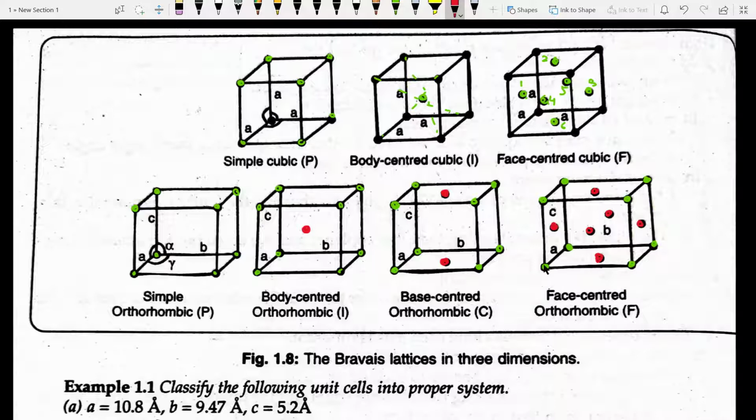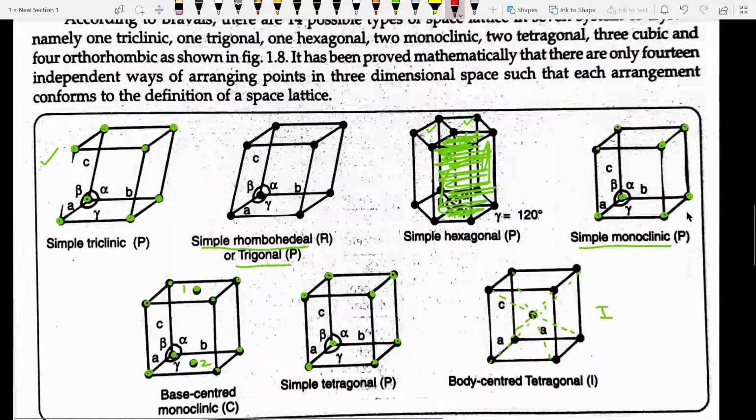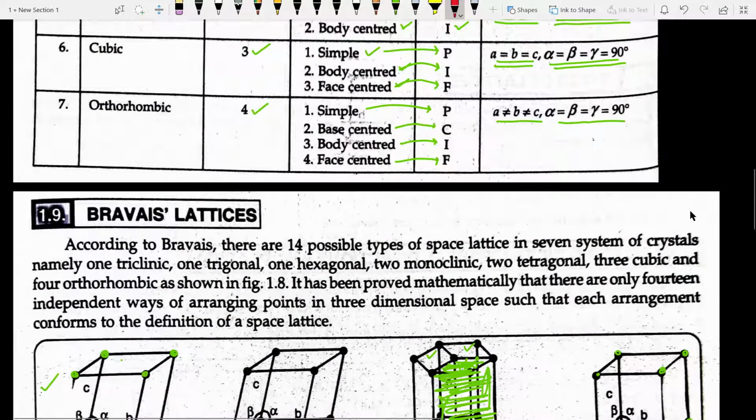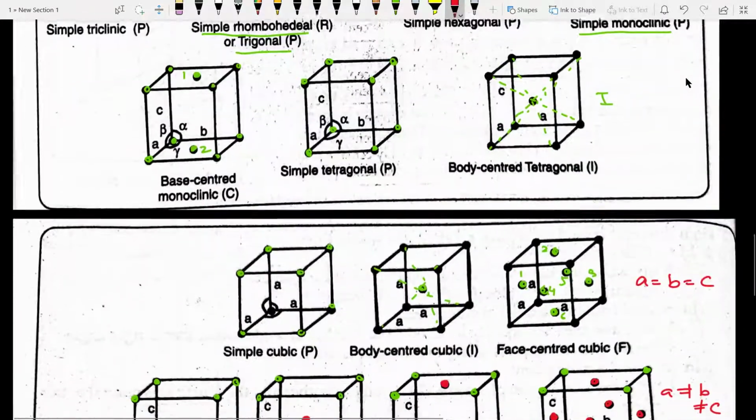But here is again a little difference. In cubic structure, all the sides are equal. Here all the sides are not equal. Angles are of 90 degree. So these are 7 systems consisting of 14 Bravais lattices.